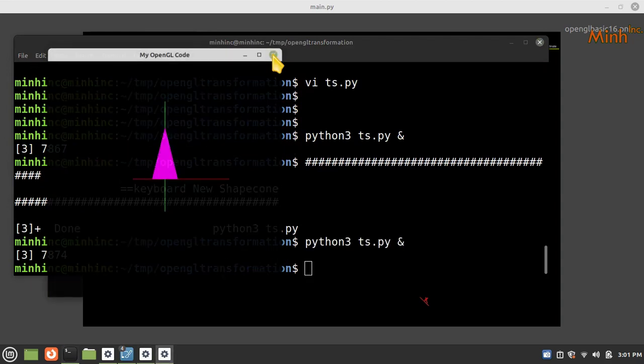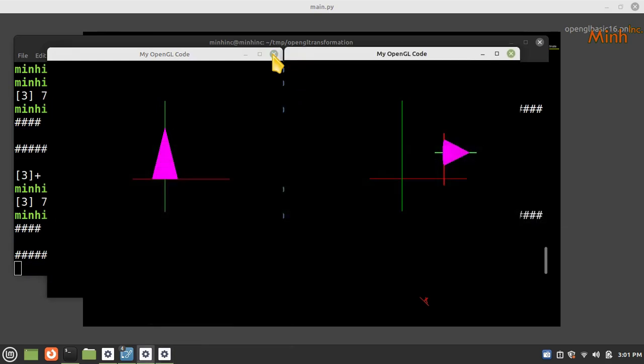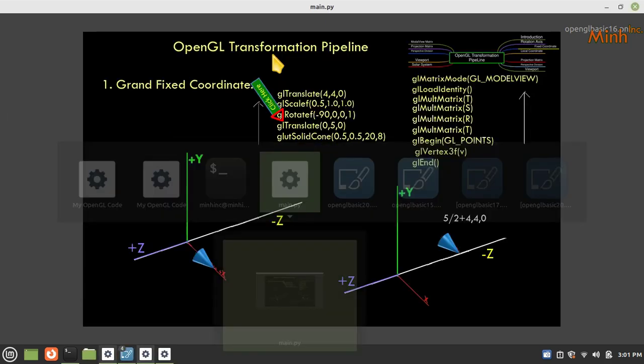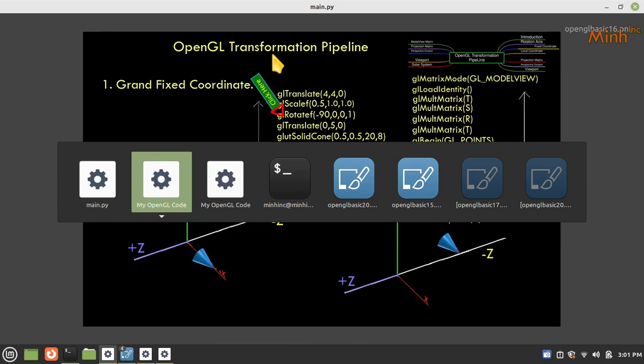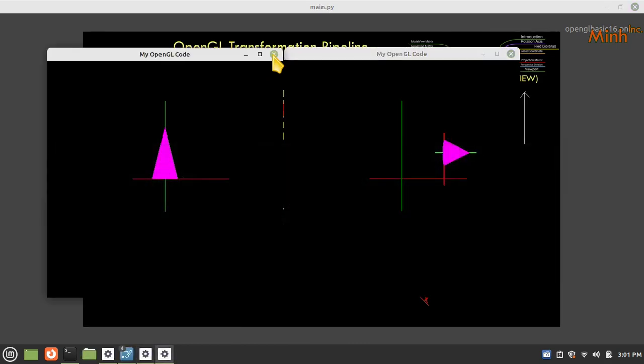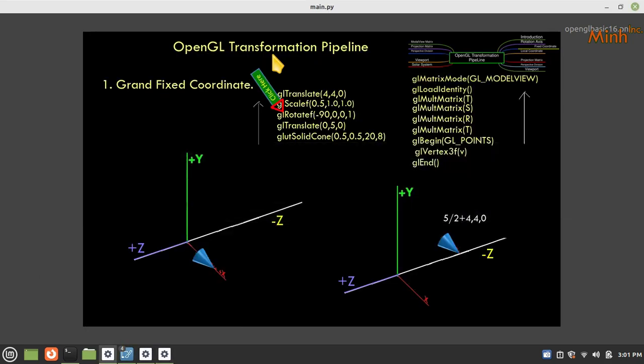Now I'll press tab. It will go to cone mode. Small g, it goes to grand coordinate mode. Then we will first translate 1, 2, 3, 4, 5, and then rotate.